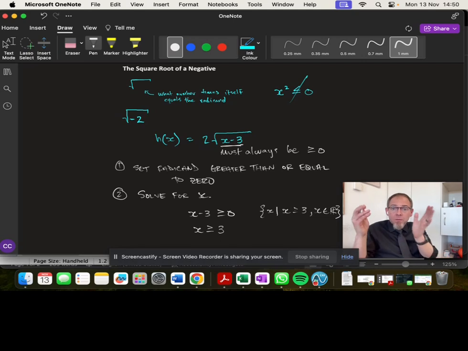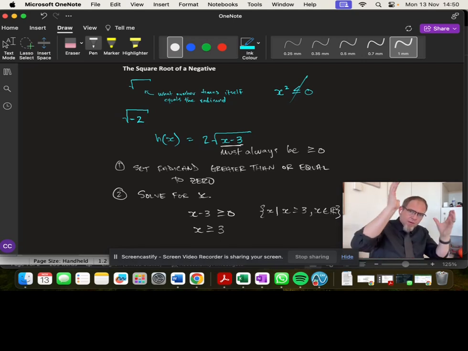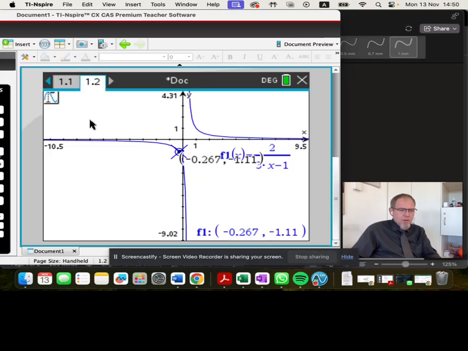Just like with the fraction, we set the denominator equal to 0. Here we set the radicand greater than or equal to 0, and then we solve. Graphically, we can see that as well.